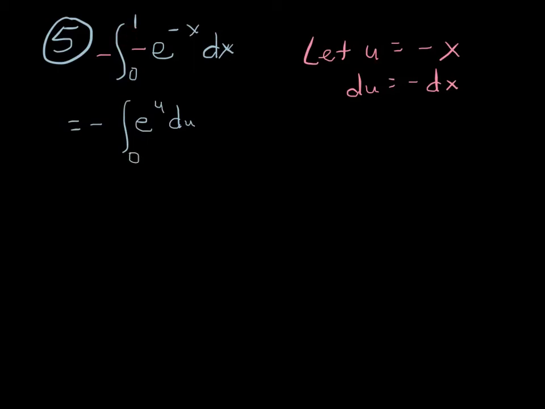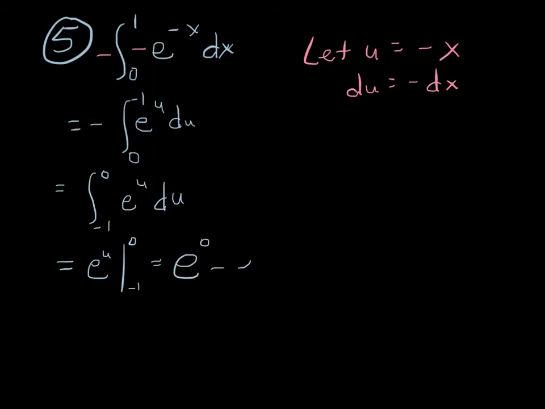But when x is 1, u will be equal to negative 1. Now we don't have to do this, but I think it makes it a little simpler. See how the larger number is below? Let's switch those, and then we don't have to deal with the negative out in front either. So we integrate e to the u, we get e to the u. We substitute e to the 0 minus e to the negative 1, and that's 1 minus 1 over e.